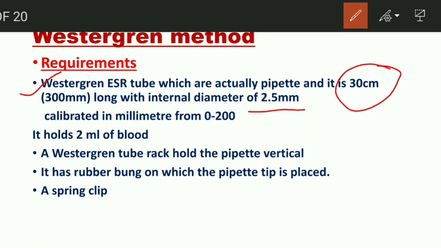It is calibrated in millimeters from 0 to 200, and it holds about 2 ml of blood. Then next we need a Westergren tube rack holder, which helps to hold the pipette vertically. Next we have a rubber bung on which the pipette tip is placed, and next a spring clip.